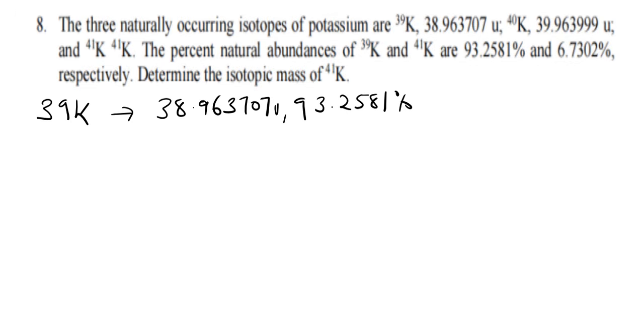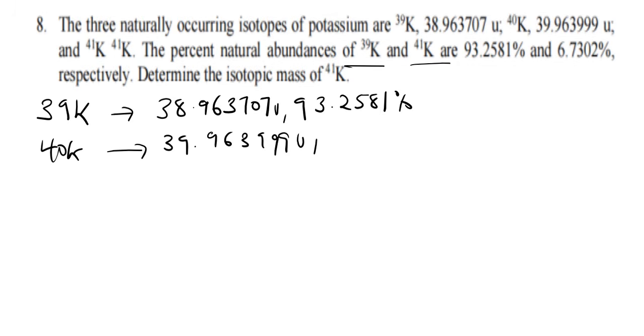Then for 40, the mass is 39.963999 units. Its percentage abundance is unknown. We haven't been given it for 40, we've just been given for 39 and 41. So here I'm just going to put unknown.